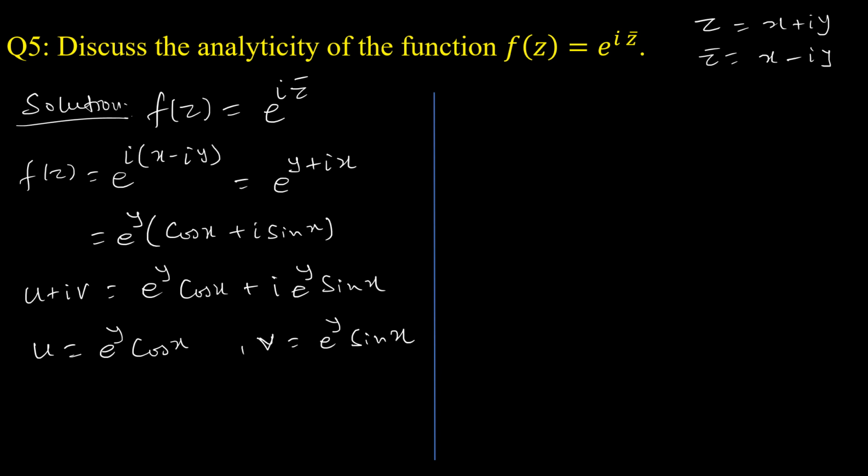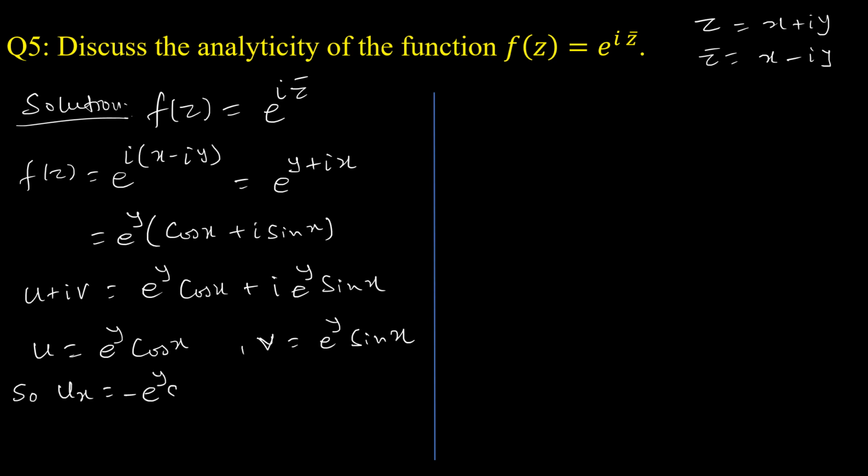So to check whether the function is analytic or not, what we do here, we go for the CR equations. So to check the CR equation whether it is satisfying or not, we will have the partial derivative. So ux will be what?